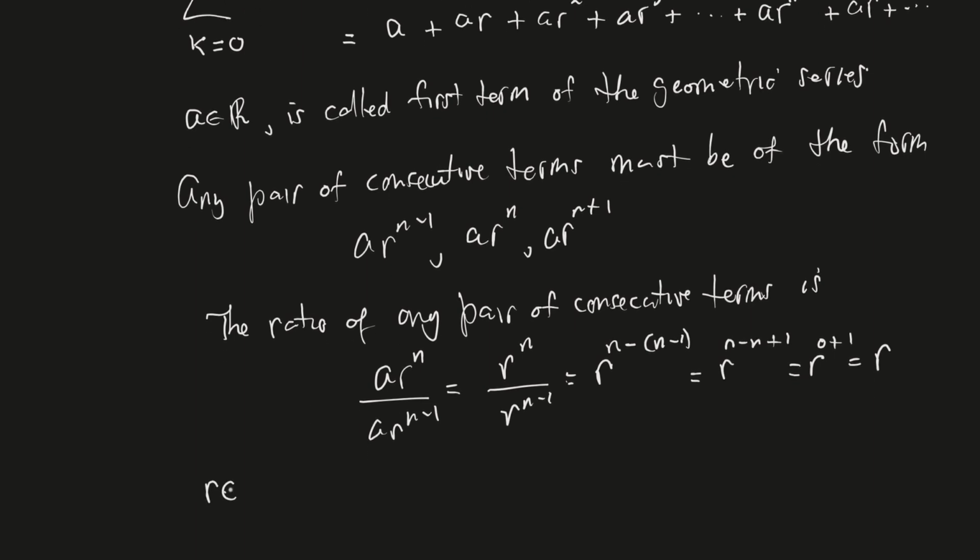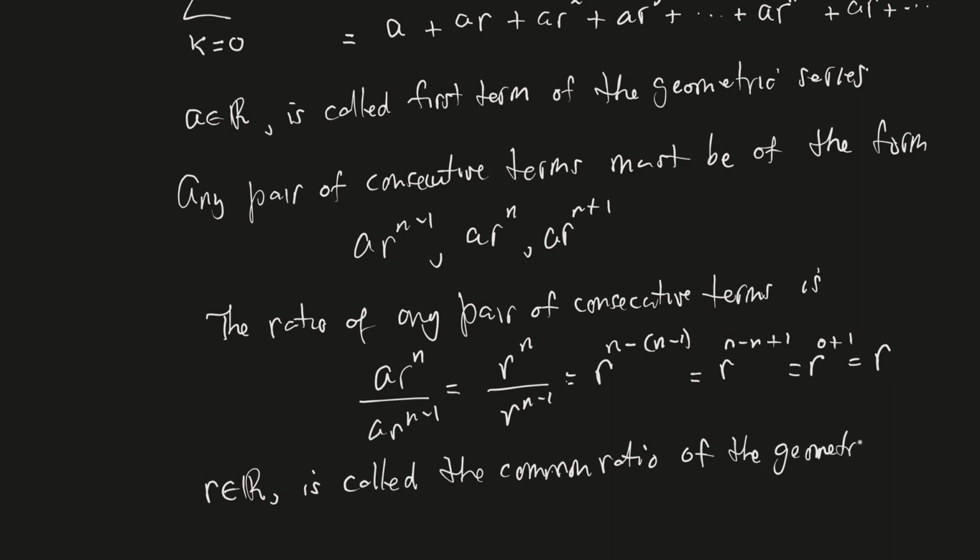So the number r is called the common ratio, because it's the ratio of any pair of consecutive terms of the geometric series.